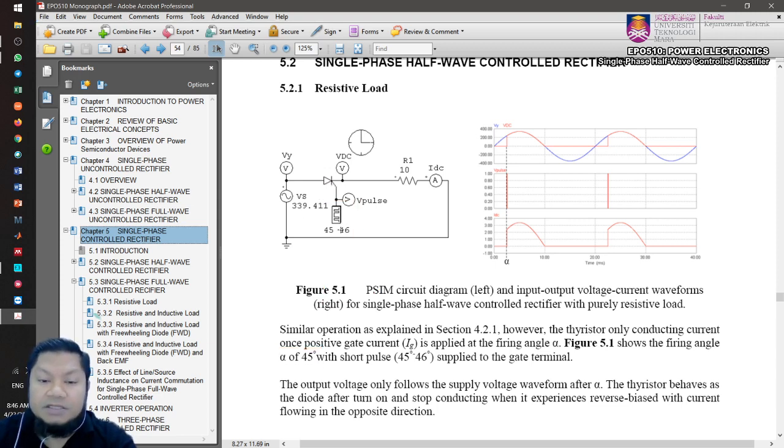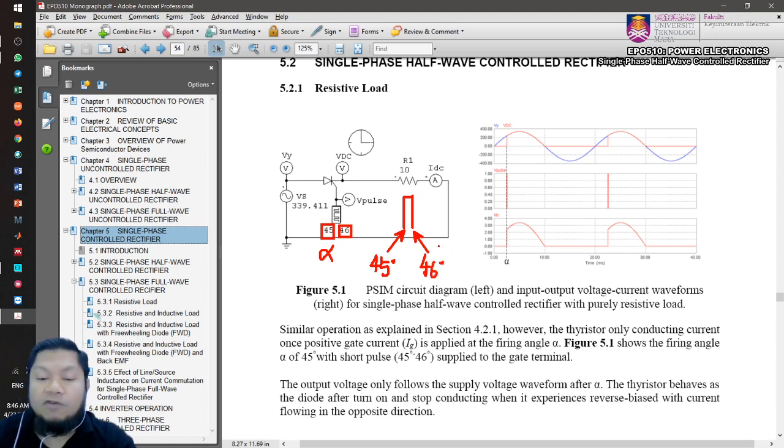And what is this 46? We have 45 as the alpha, and then we have 46 here. 46 means that you're going to give a short pulse, right? You're going to give a short pulse to the gate signal, to the gate terminal, whereby it consists of 45 degrees and 46 degrees. This is the minimum pulse.